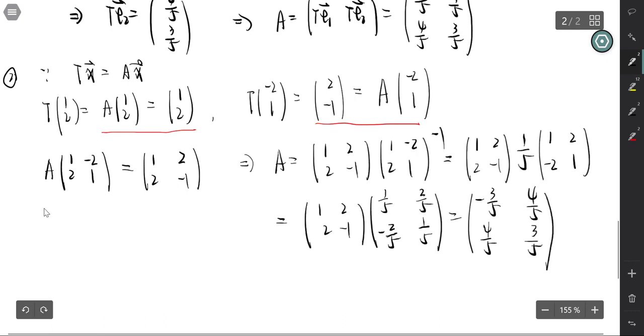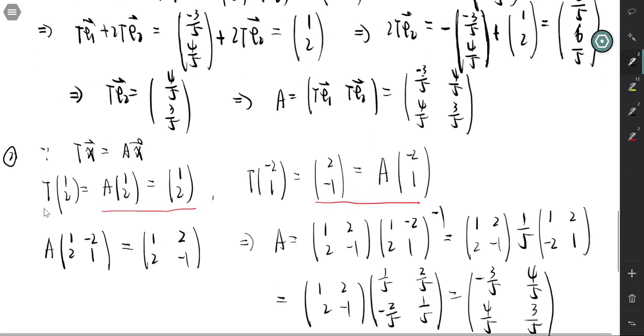This method uses the inverse matrix to find the standard matrix.